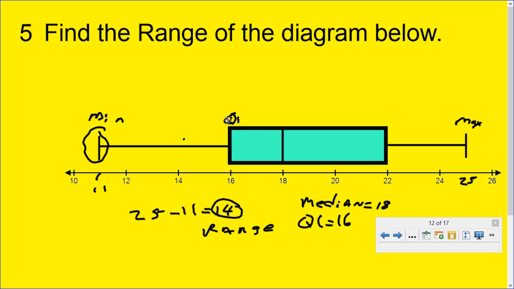Quartile 1. And here's our median. And here's quartile 3 at the edge of the box. So quartile 3 will be 22. And if we wanted to, we can find the IQR, which we just did a second ago. So our answer we were looking for was the range, though. So 14 was the range.